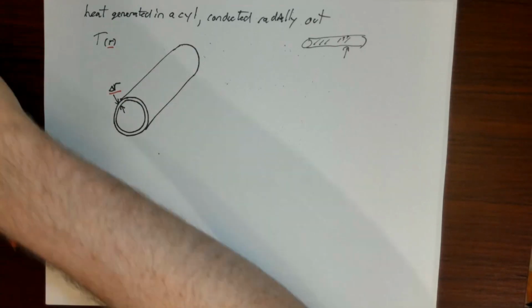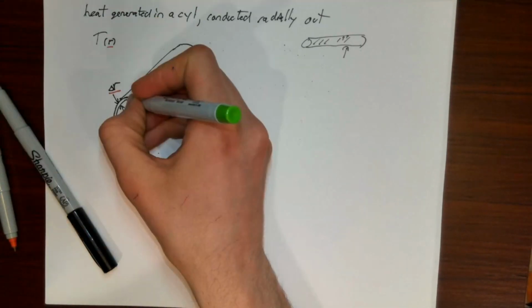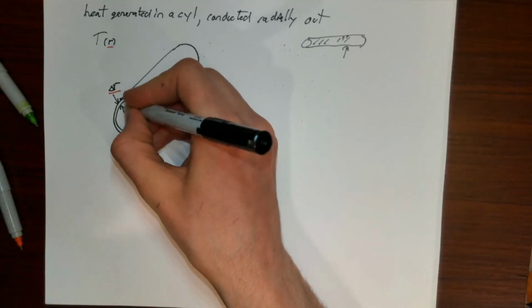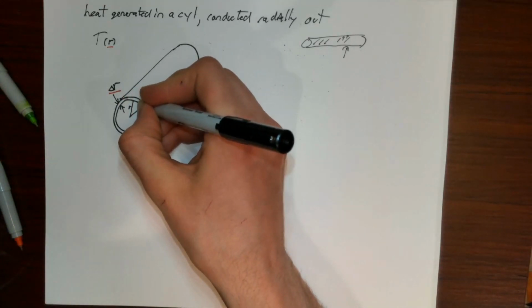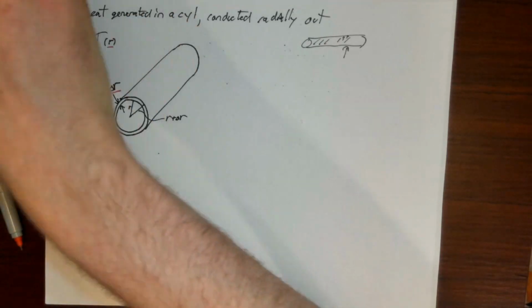I might say that there's some heat that flows into the inner surface and out of the outer surface. The inner surface is at a position r, whereas the outer surface is at a position r plus delta r.